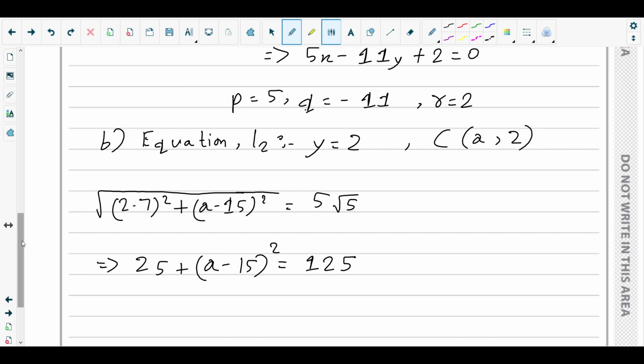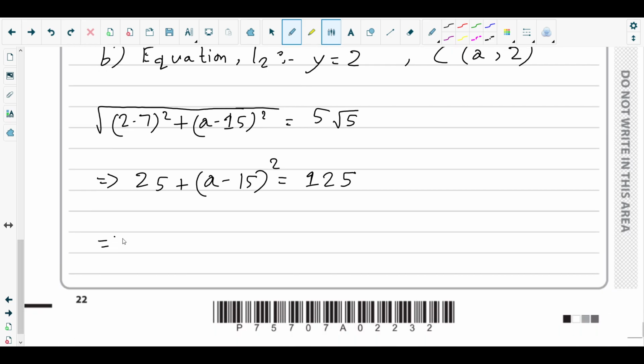Okay, next, a minus 15 whole squared equals 125 minus 25, that is 100. So if you take the square root, you will get a minus 15 equals plus or minus 10.